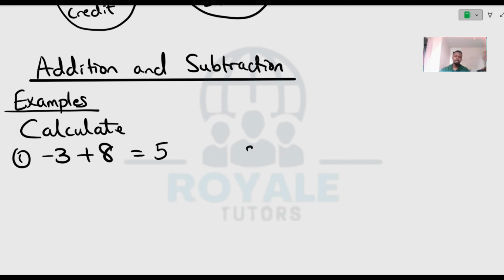The second example, let's say we have -7 minus 8. We took out 7, we took out 8. So how much do we have in total?